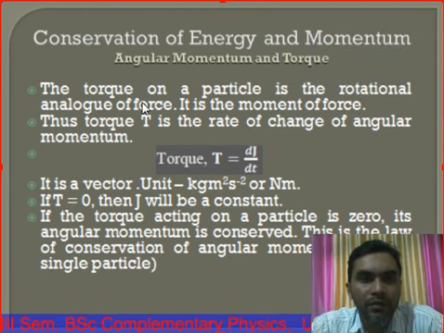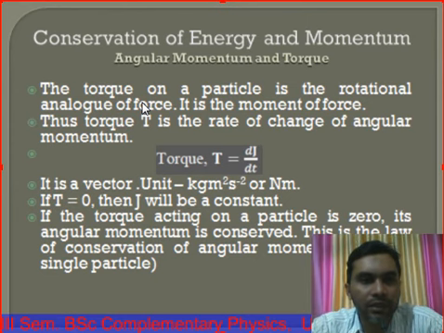So the torque on a particle is the rotational analog of force, and it can be called the moment of force, similar to the angular momentum. So the torque acting on a particle is mathematically defined as tau is equal to r cross F.